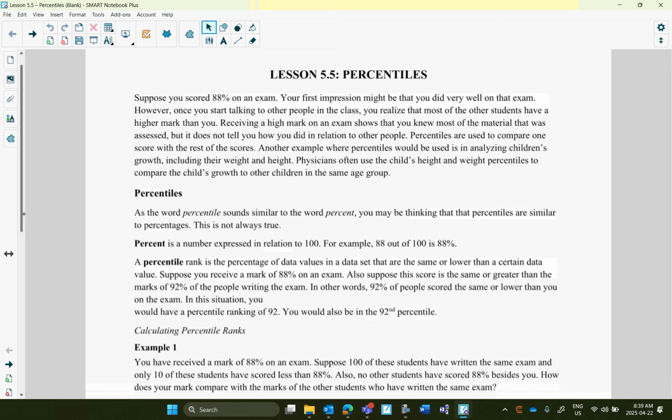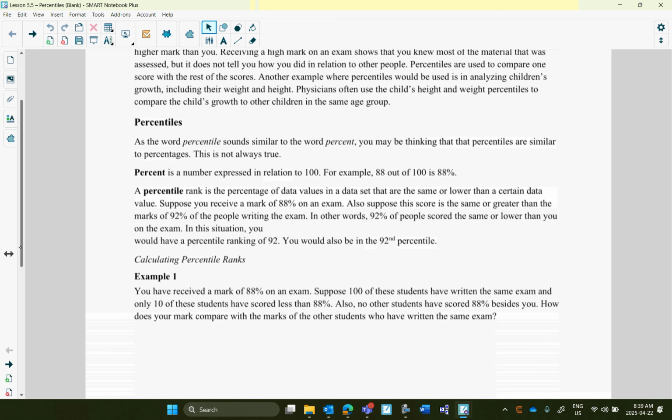First thing, percentile is very different than percent. Percent is a number that's out of 100. So if you get 98%, you got 98 out of 100. If you get 40 out of 50, that converts to 80 out of 100, 80%. A percentile talks about the number of data values that are the same as the one we're looking at or lower.